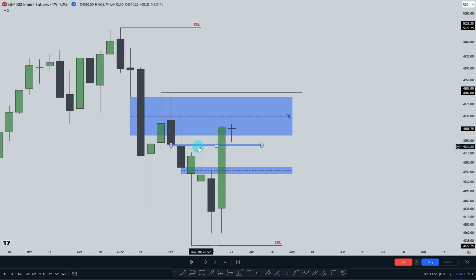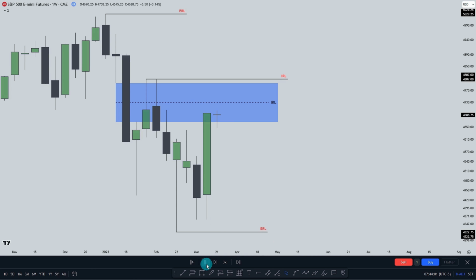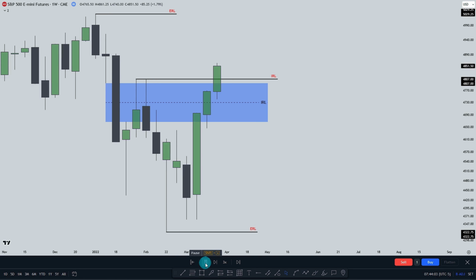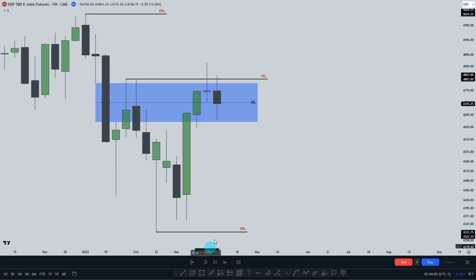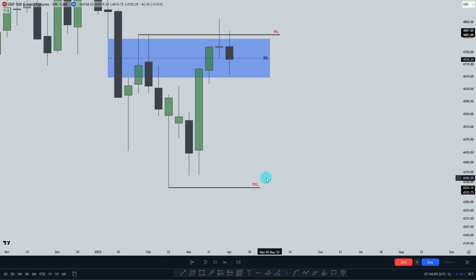Right here, price closes above these two volume imbalances. So now internal range liquidity would be this high up here. Right here we see price take out internal range liquidity. So now we would like to see price go to external range liquidity.